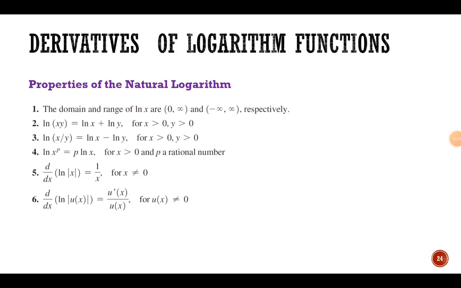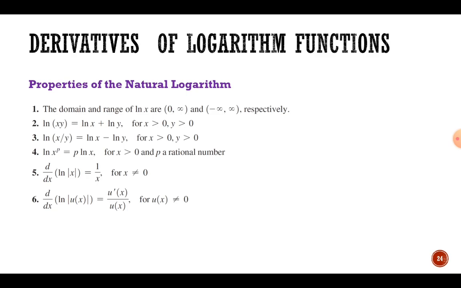Alright, before we proceed with derivative of logarithmic functions, as usual we would like to have a look at the properties of logarithmic first. These properties are very important and you need to know them to do the derivative of logarithmic functions properly.